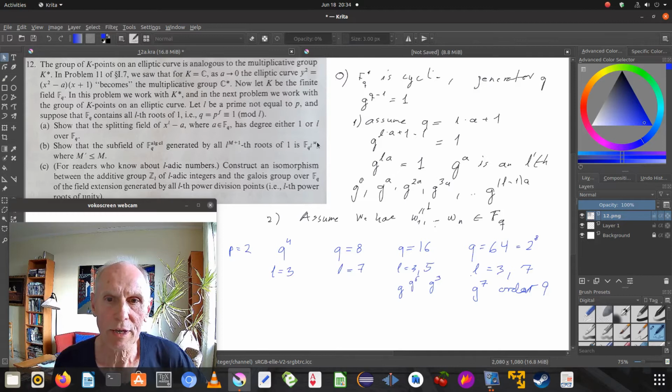It must be m prime up here, which is less than or equal to m. So already here, if we take m equals 1, then we have a 3 squared root of unity in FQ itself, to L to the naught.